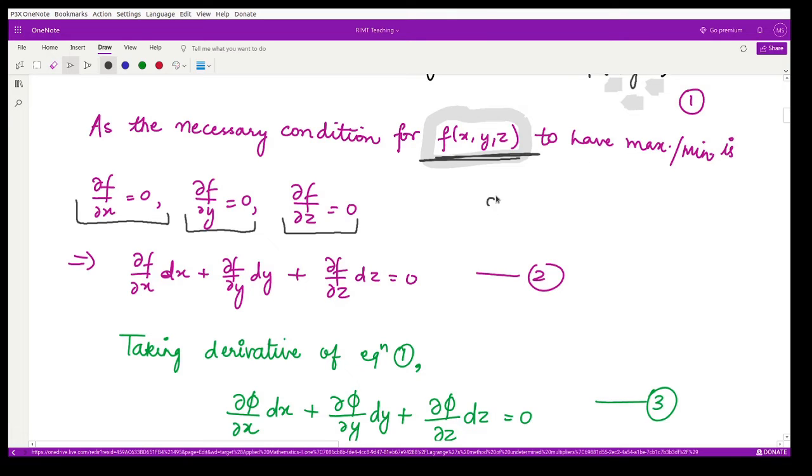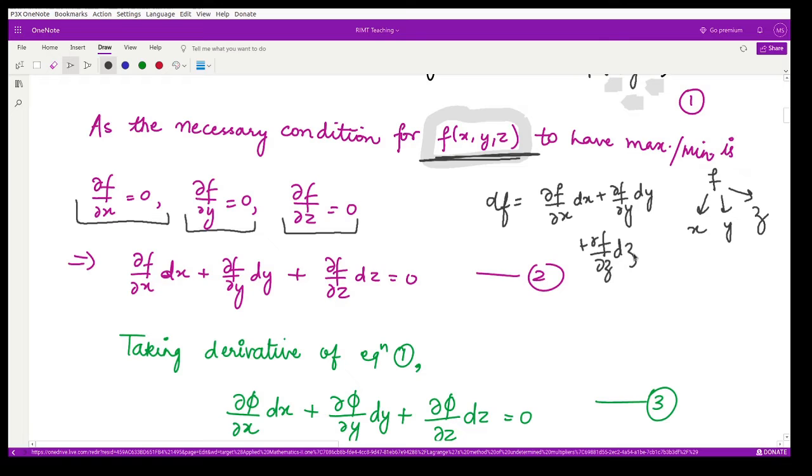Moreover, you also know the complete derivative of some function. Suppose your function f is defined in terms of variables x, y and z. In that case, your complete derivative of f could be defined as del f by del x dx plus del f by del y dy plus del f by del z dz. So in other words, we will say that this df is equal to 0 in this case.